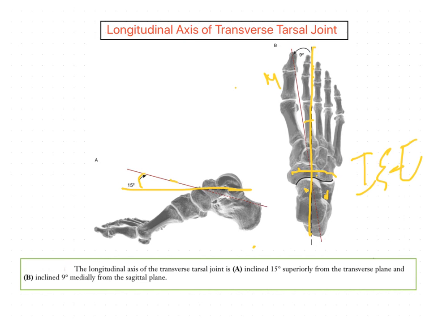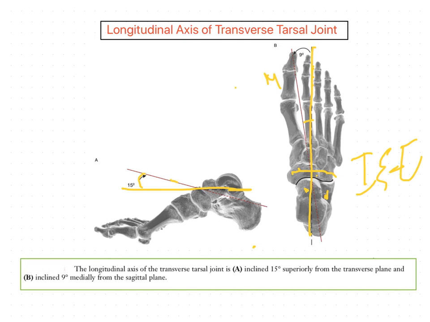In the coupled motions of supination and pronation, we have abduction, adduction, inversion, eversion, as well as dorsiflexion and plantar flexion. Of all these movements, because of this axis, the inversion and eversion components will have a greater degree of movement in the transverse tarsal joint when compared to the subtalar joint.